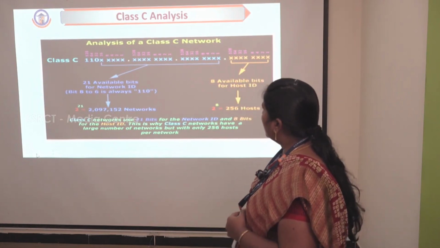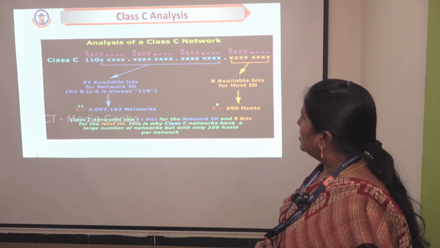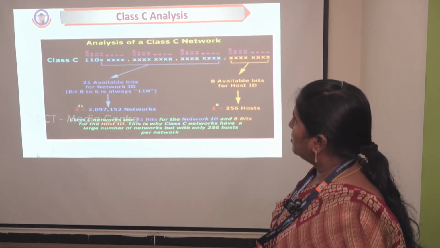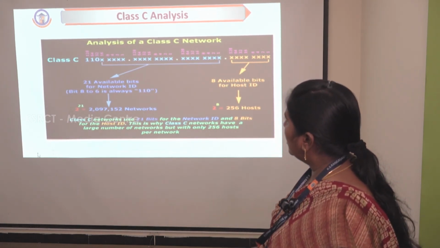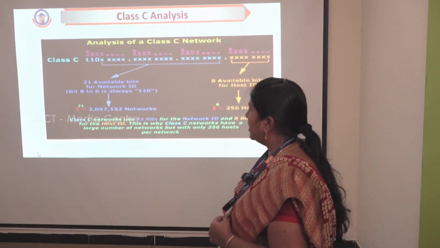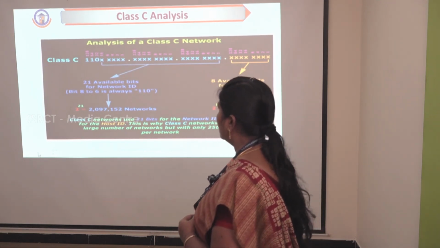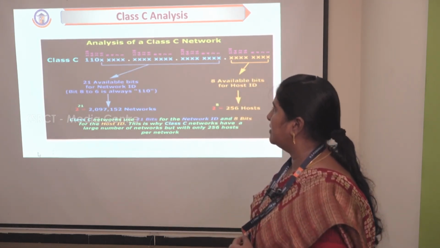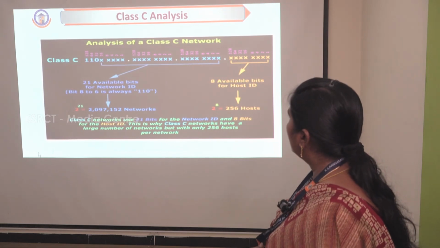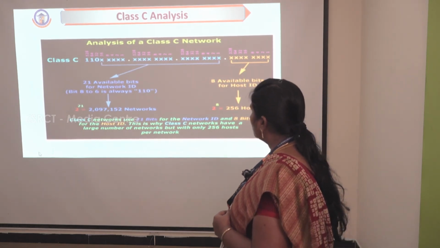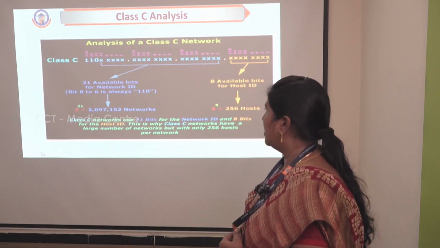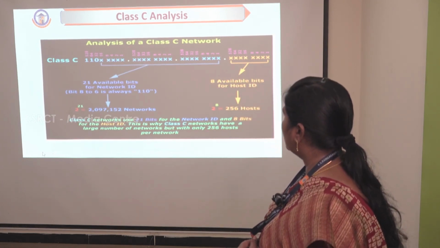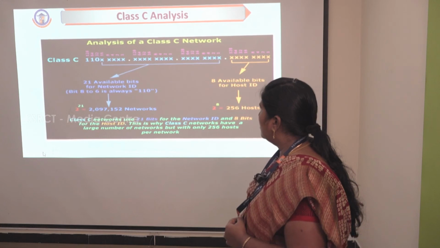In the network portion, 21 bits are available for the network ID, so we can create 2^21 networks in class C. In the host portion there are 8 bits, so each network can have a maximum of 2^8, that is 256 hosts.